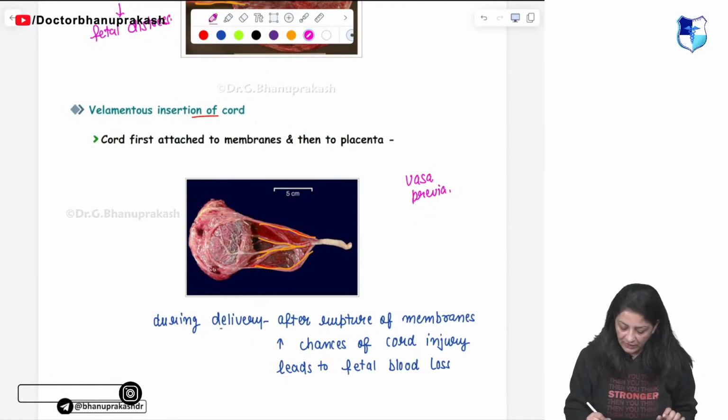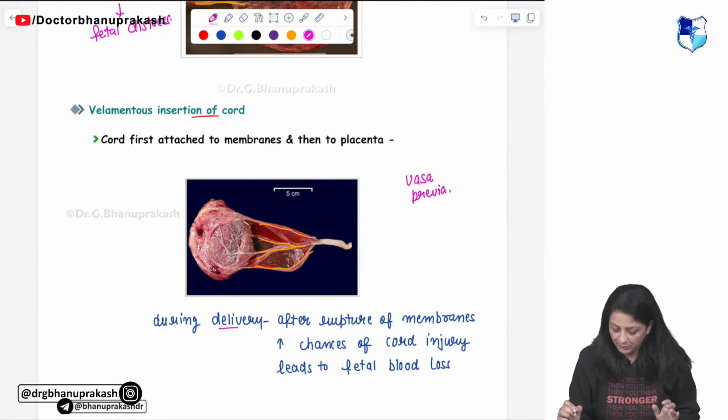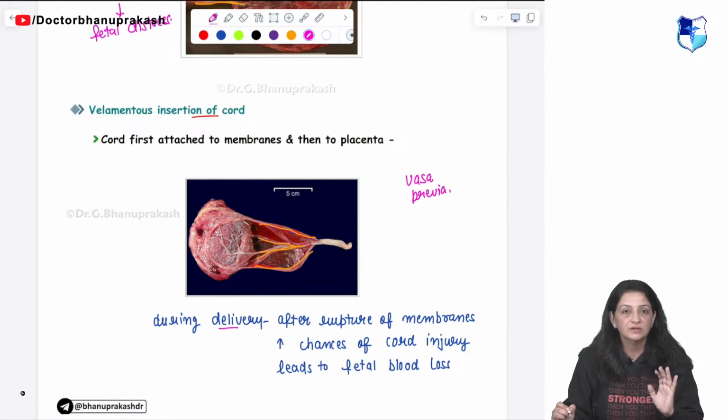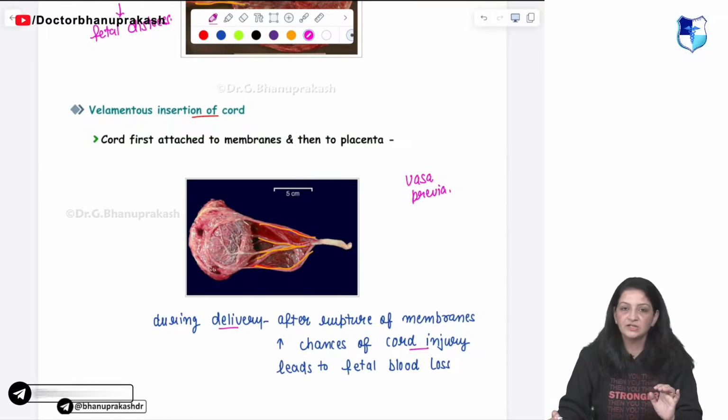So during delivery, after rupture of membranes, there is an increased chance of cord injury, which leads to fetal blood loss. This is called velamentous insertion of cord.